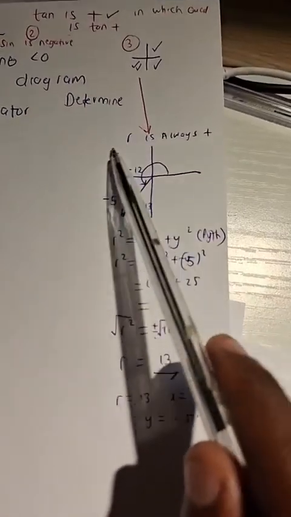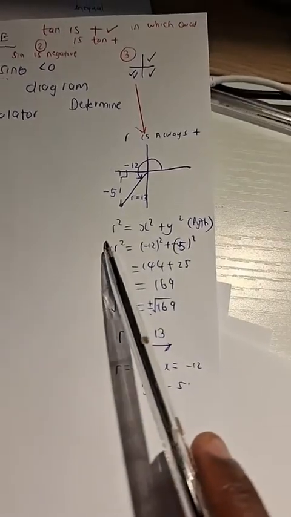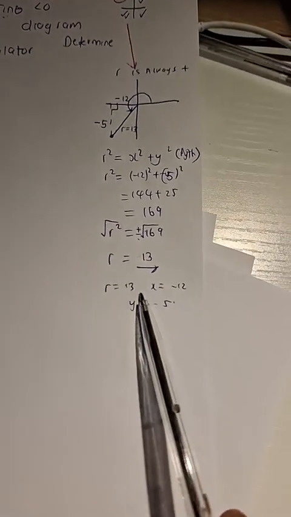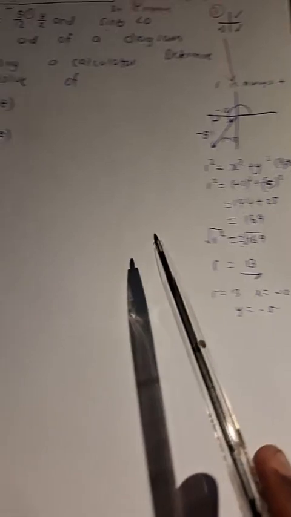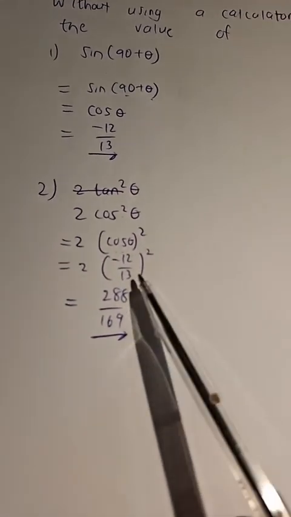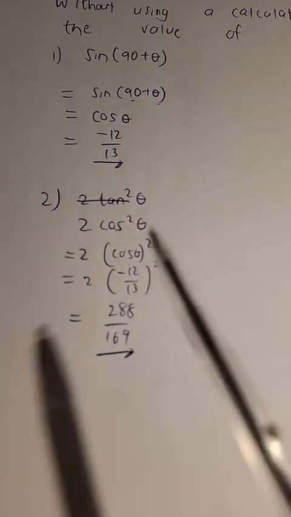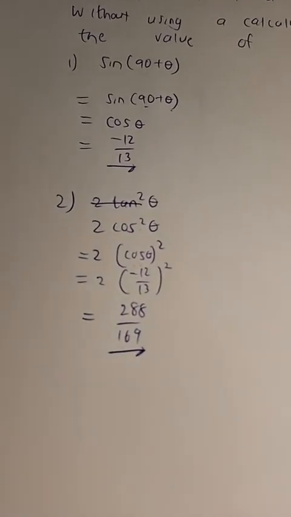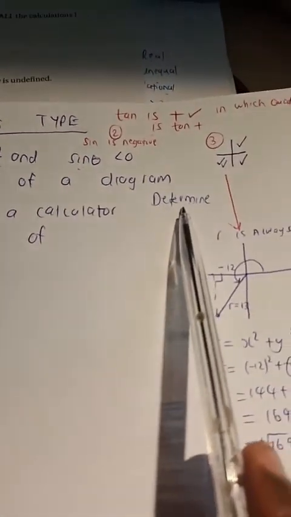You must show the sketching of the diagram. You must show Pythagoras. You must show getting the answer for r. Being able to utilize the calculator at a certain step is not in and of itself what they mean by saying without using a calculator.